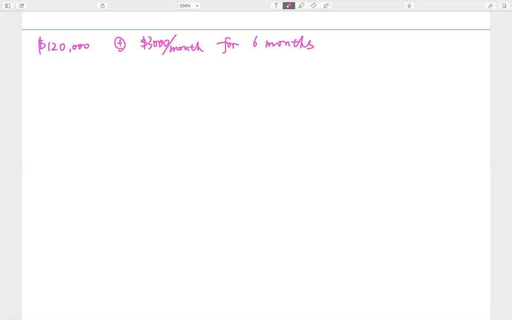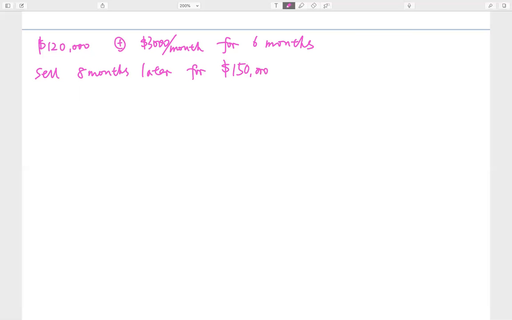It could do quite a lot of things if you think 3,000 is just the labor work. Okay, it definitely can get many things done, and for 6 months you can probably get a new house, and then you sell it. Okay, and then sell 8 months later for $150,000.